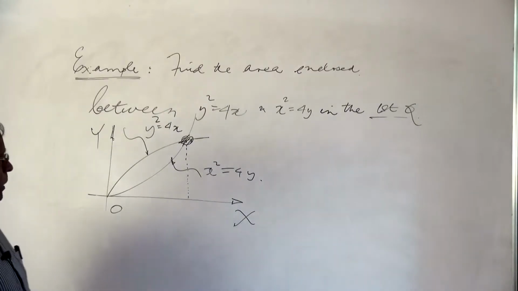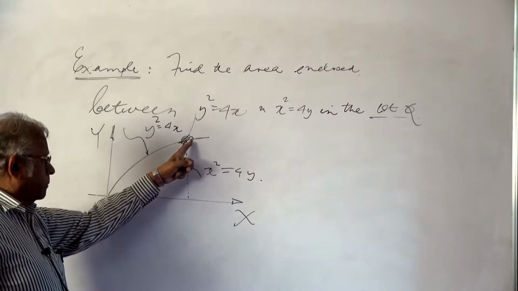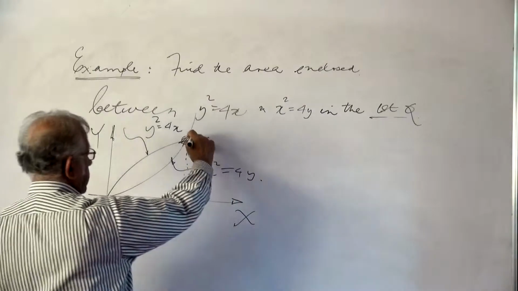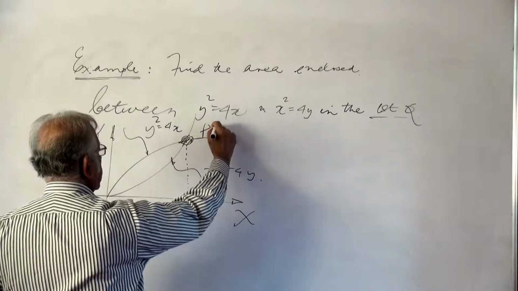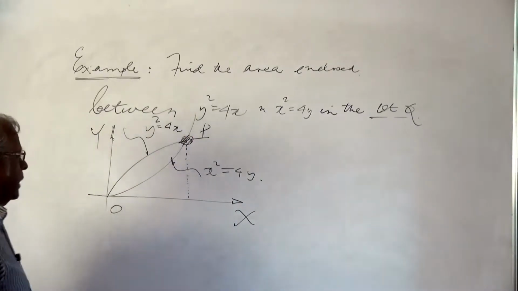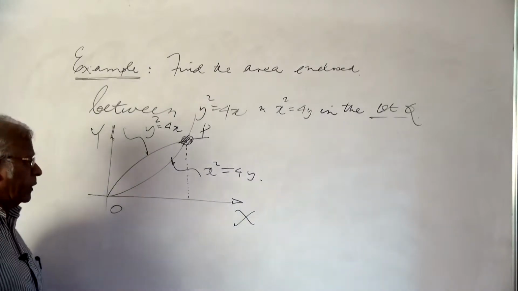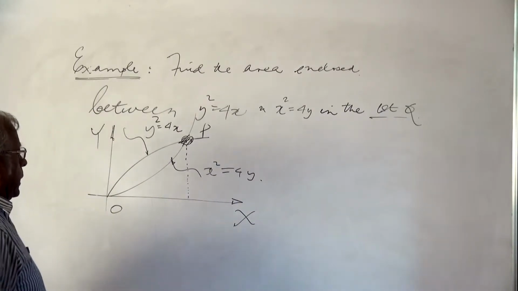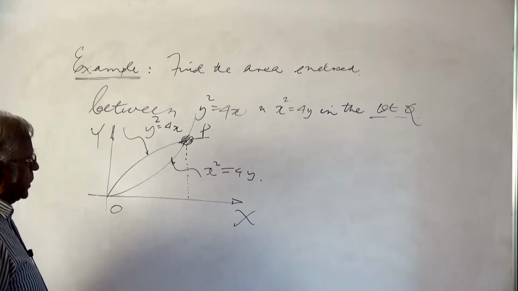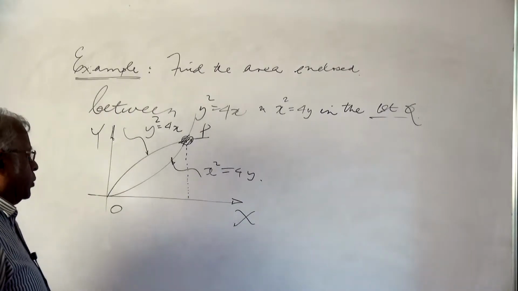We see that the point P, whatever its coordinates we'll find out, will have coordinates 4 and 4. We'll find out that. Now, to find the points of intersection of these two parabolas, actually there are 2 points.